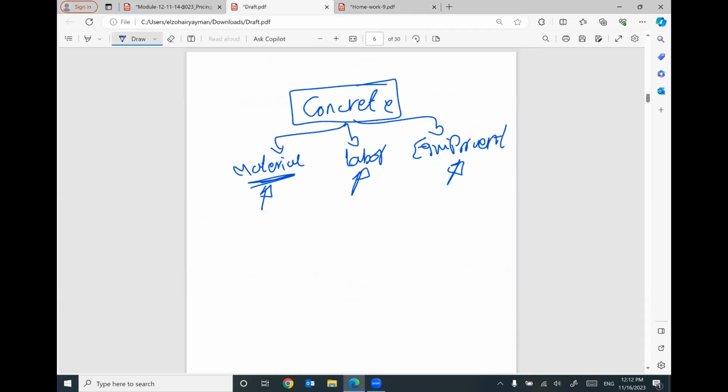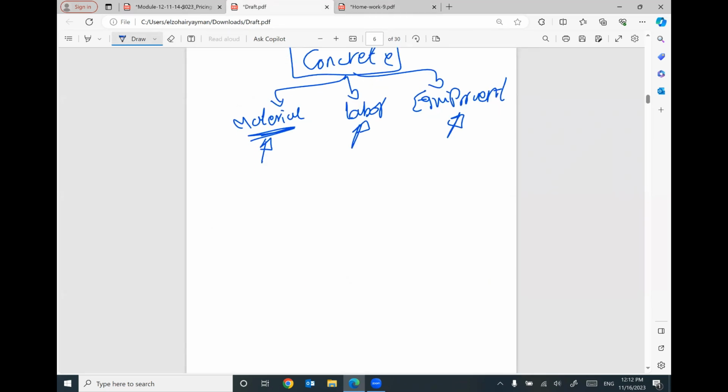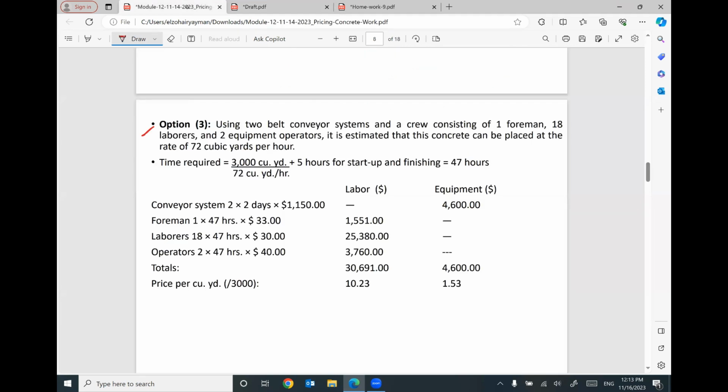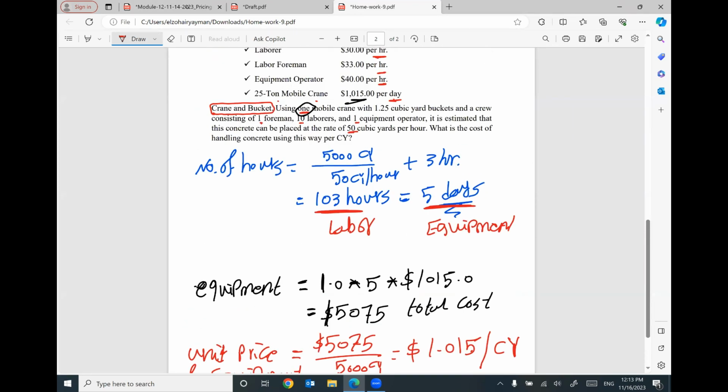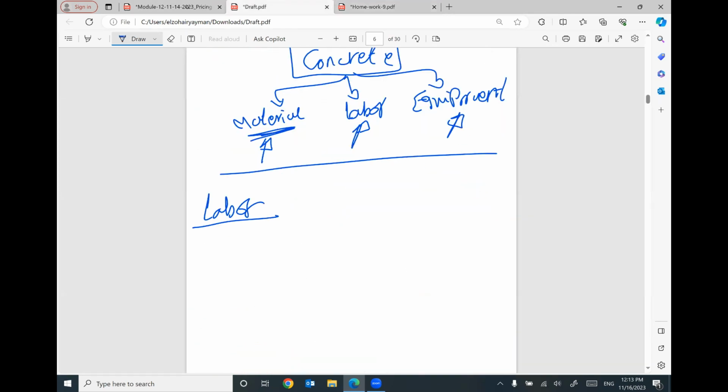What will be the cost for labor? We need to hire one foreman.